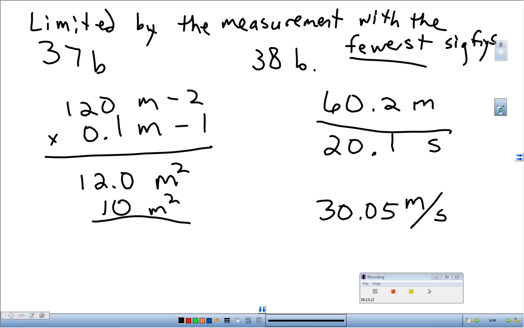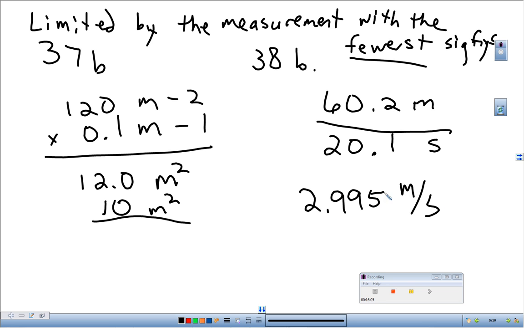Olivia? Okay, so this is not right. Oh, you got scientific notation? No. 2.995. I like your answer better. I don't like this answer I had earlier. Let's pretend I never wrote it. Meters per second, 2.995. Okay, what am I going to round it to?